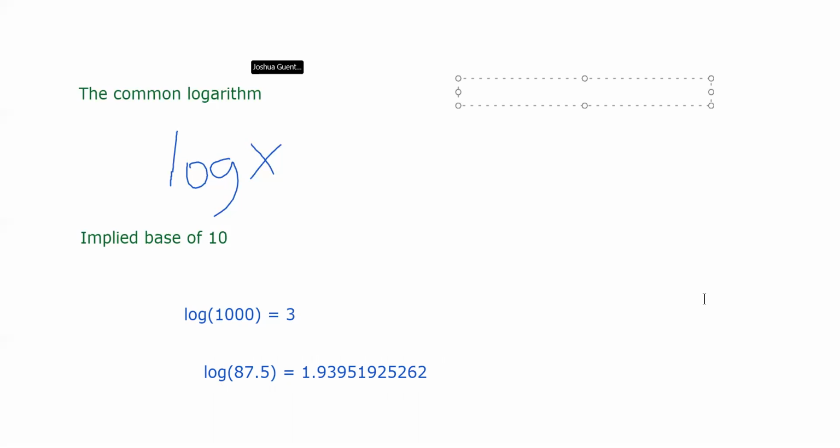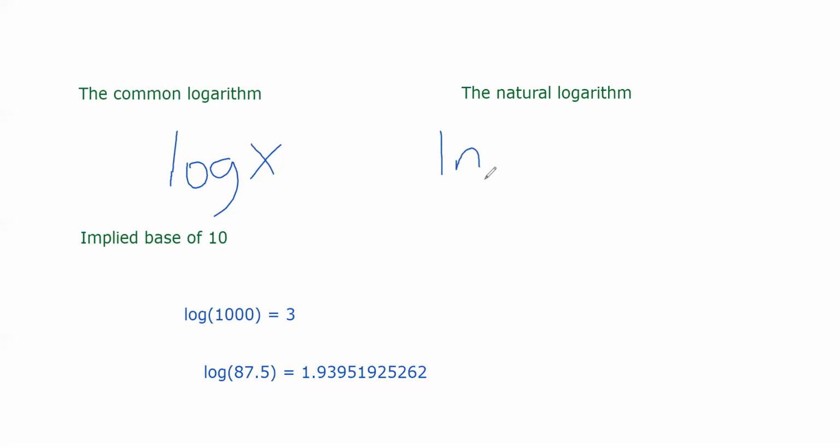but actually a lot more importantly and a lot more useful is the natural logarithm. This is going to be a logarithm that has an implied base of e, and we don't write the word log anymore for it. We use ln.